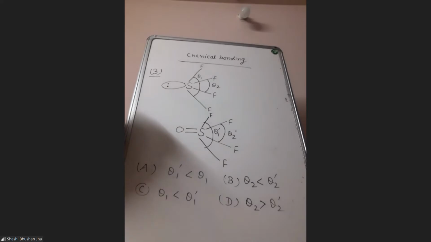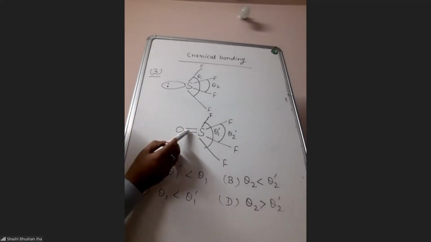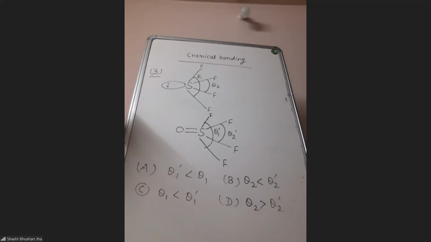That is also not the answer. Only C, sir. That is also not the answer. Compare the difference. Here you have lone pair and here you have pi bond. Sir, AB, sir. Yes.